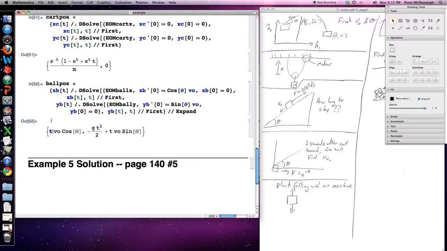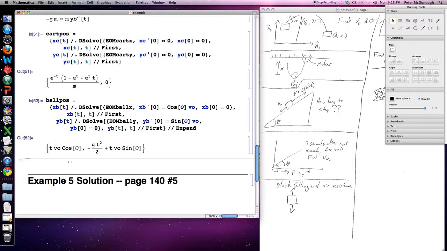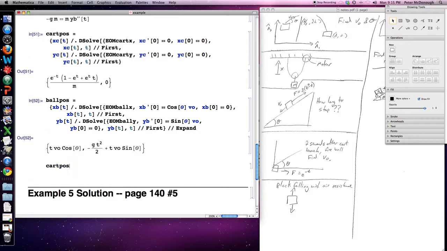This time right here, my cart position is t minus 2 seconds less than this position here. So I'm going to say my new cart position, cart post, is equal to cart post /. t goes to t minus 2 seconds, or I'm sorry, t plus 2 seconds, because this cart has been going for 2 seconds longer than my ball has.